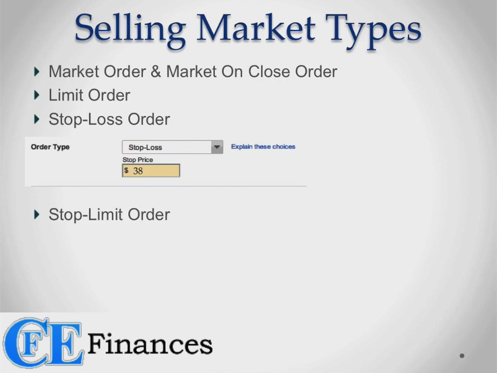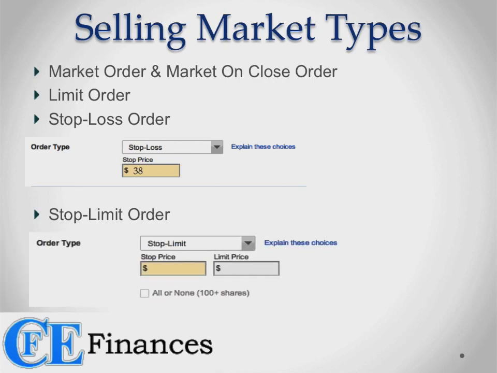The limit part is placed below the stop loss and will prevent the stock from being sold at too low of a price. So for an example, say a stock could be trading at $70 and you set a stop limit with the stop price at $67 and the limit at $65.